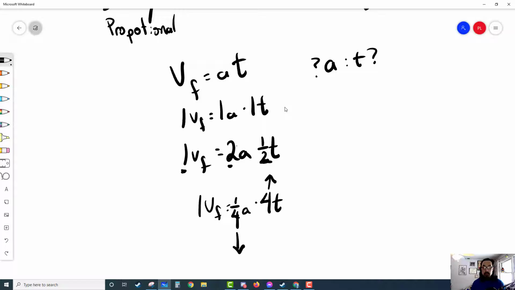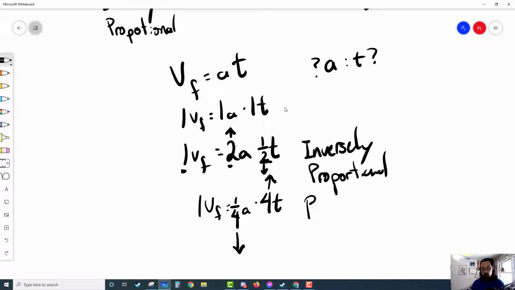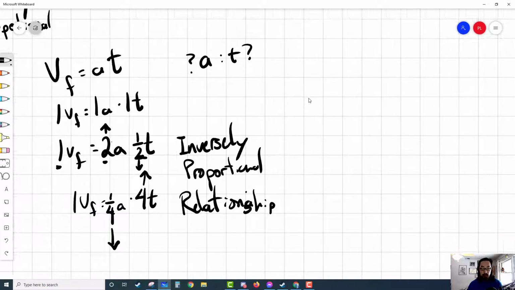Over here, my acceleration increased by a factor of 2, therefore my time decreased by a factor of 2. This is what we call an inversely proportional relationship.